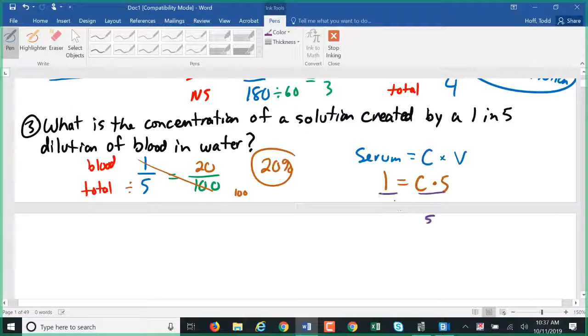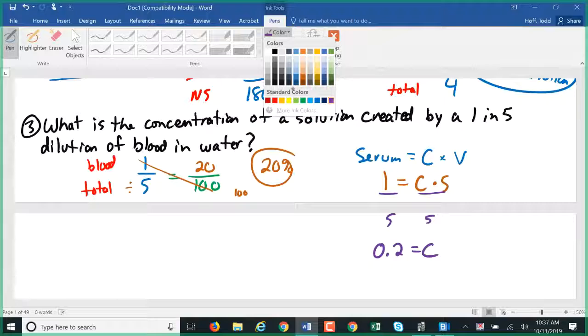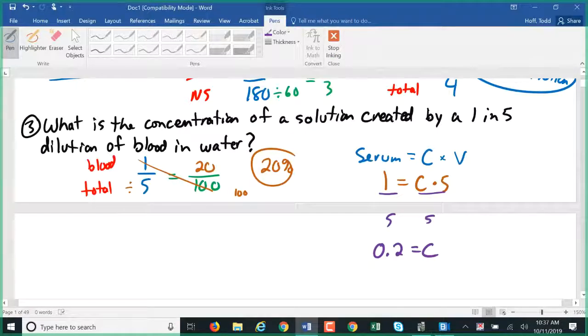Solve it by dividing both sides by 5. Get that 0.2 equals the concentration. Recall, the concentration is just the decimal form of a percent. So to turn it into a percent, move the decimal point 2 spots, it's 20%. Either one of those works.